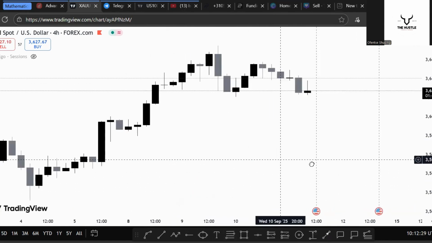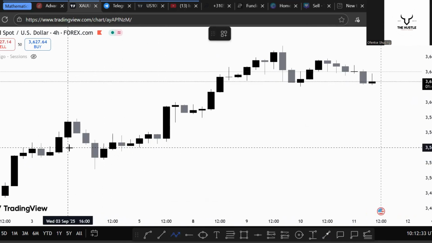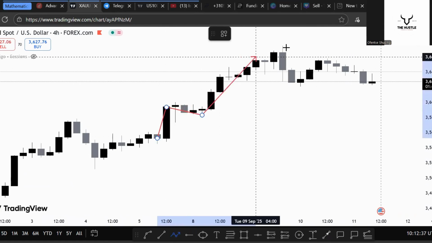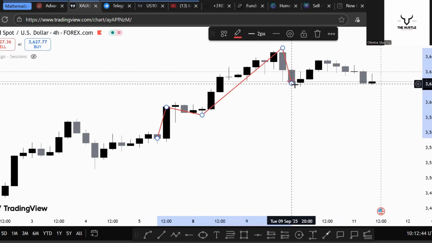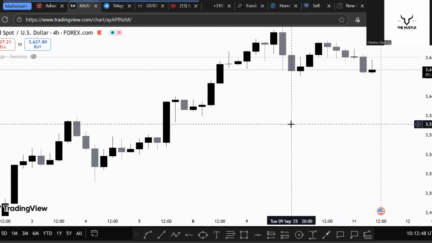The market created a high here, a low, and then a higher high, and then probably a lower low, right? A low actually. But there's not much that you see on a 4 hour.